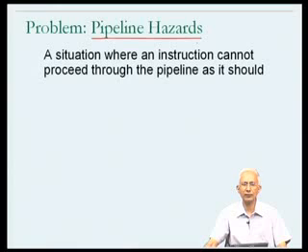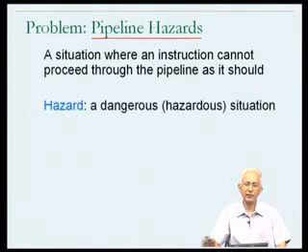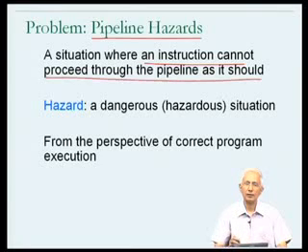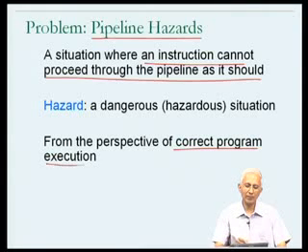So the question is, what are the different kinds of hazards that could arise in the kind of pipelines that we have seen for the kinds of programs that we expect we may have to write? But before that, let me just explain. The term hazard in general means a dangerous, hazardous situation. And in the case of the pipeline hazards, the danger arises not from some physical danger, but from the fact that if the instruction is allowed to proceed through the pipeline, stepping through stages of the pipeline in consecutive cycles, then what could happen is the correctness of the program could be compromised.